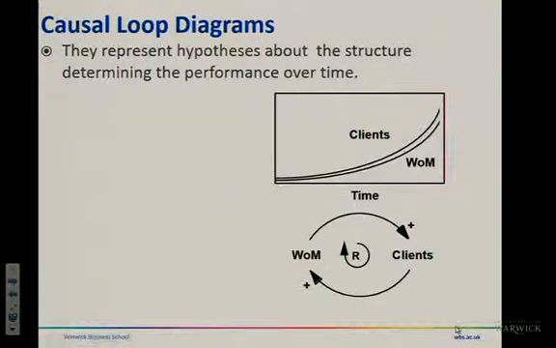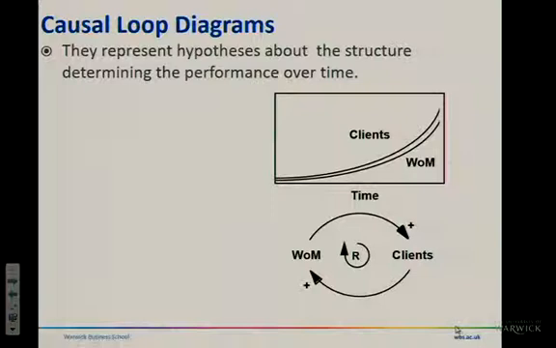Then we have another aspect of that causality, which is what type of relationship is established between these two variables. The positive sign implies that there is a positive relationship between these two variables.